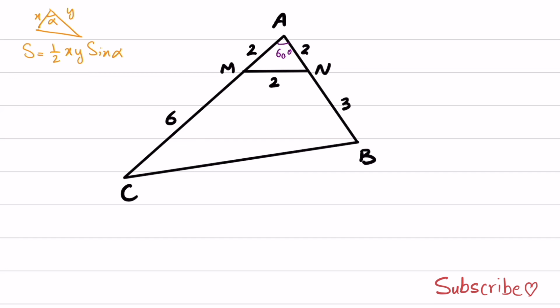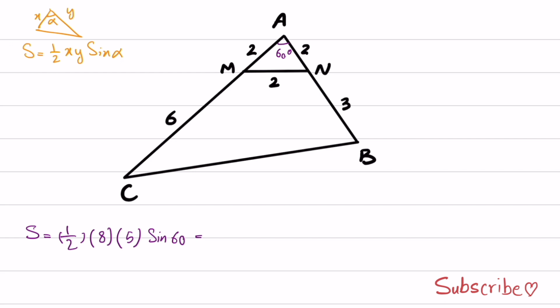Let's replace all the known variables to obtain the area. So the area is equal to 1/2 times AC, which is equal to 8, times AB, which is equal to 5, times sine alpha, which is sine 60 degrees.